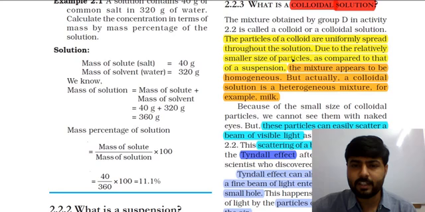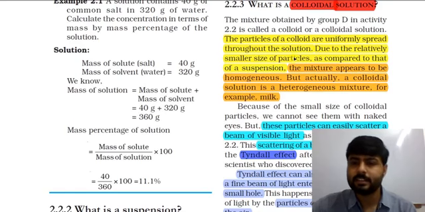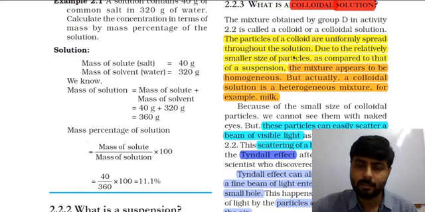After that, we have seen if we take water and add drops of milk in it, we get a mixture that is a kind of colloidal solution. Or if we take only milk, that is also an example of colloidal solution.